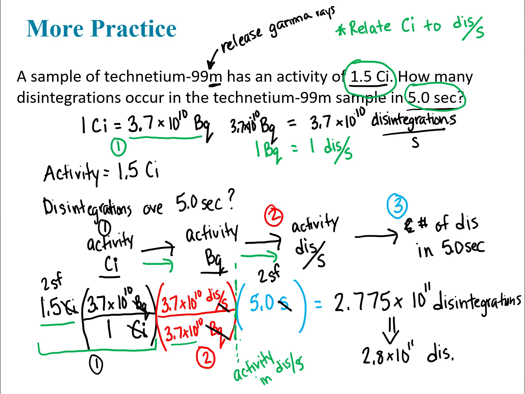When we do that, we're just left with the number of disintegrations. So does that part make a little bit more sense? We're not even talking about sig figs at the moment. I just want you to understand how we step through converting our activity to something more useful so that we can calculate the number of disintegrations, because that's all we did.